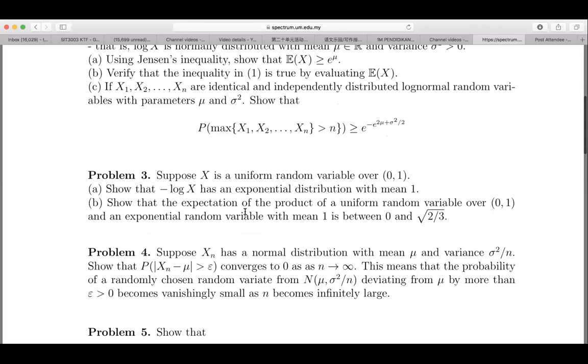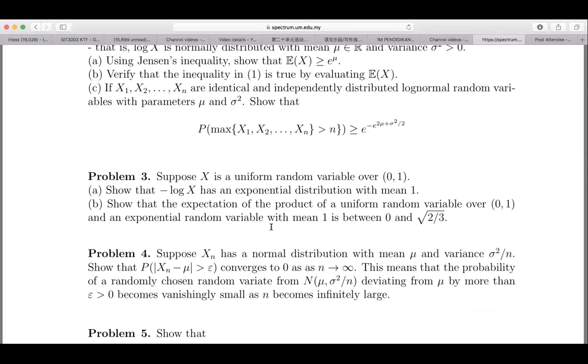Okay, then number 4. Basically this one is just showing using Chebyshev's inequality. Very simple. It's a practice on using Chebyshev's inequality. Anybody wants to go for this? Maybe Madia.